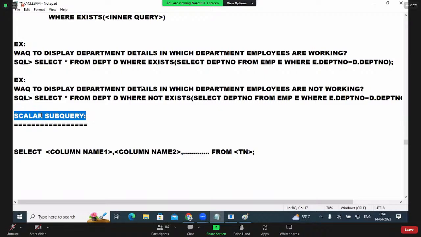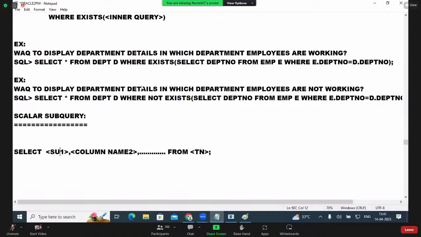A scalar is nothing but a single column in your table. Every single column in a table is called a scalar. So scalar is nothing but a single column. So in the position of column, what do I need to write? Subquery. Understand my point now? So now how am I writing? In the position of column, I am writing subquery 1.